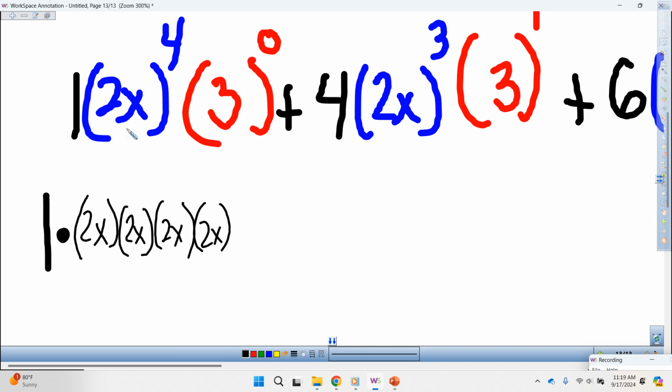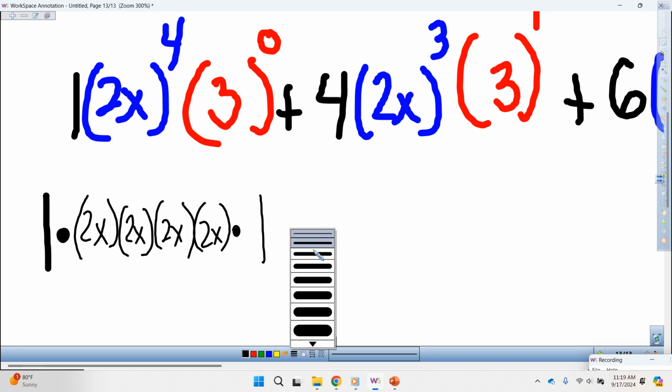That's what this means. Times. What is 3 to the 0 exponent, everyone? 1. That is correct. Write this out, please, so you have that as an example so that you don't get lost with tonight's homework. I bring down the plus sign.